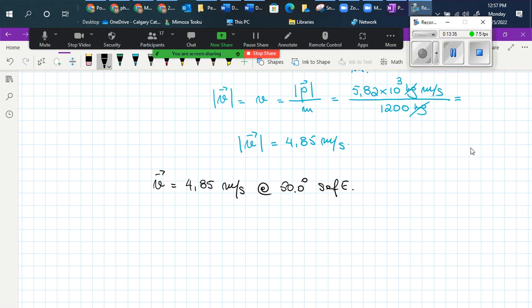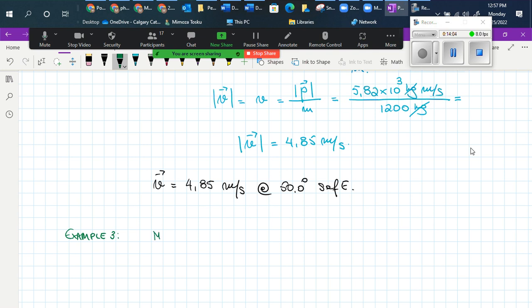Let's see now another example when we are figuring out the mass. So this will be example 3. Let's suppose that we have a situation like this, and you will see this wording even in your practices, in your quiz, and in your unit test and diploma.